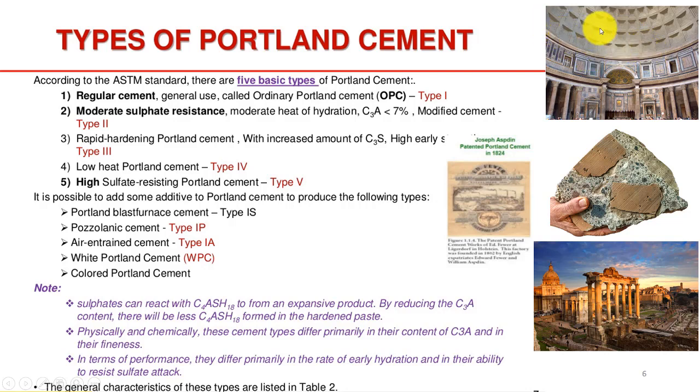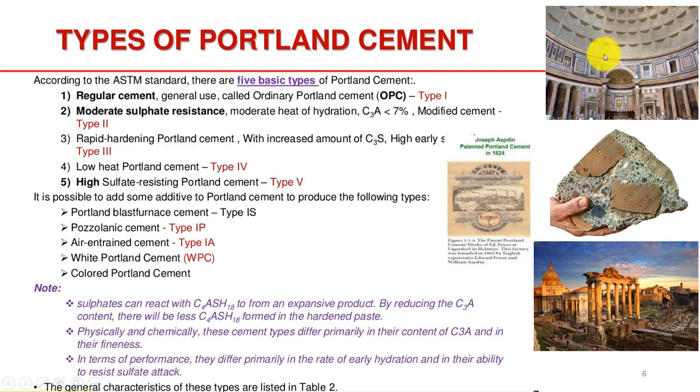Probably in this dome they have used volcanic ash and volcanic tuffs as a fine and coarse aggregate respectively, and they used volcanic ash as a binder, and they have an aggregate of volcanic tuffs. They are very lightweight aggregates. They have a very lower dead load as compared to normal concrete.